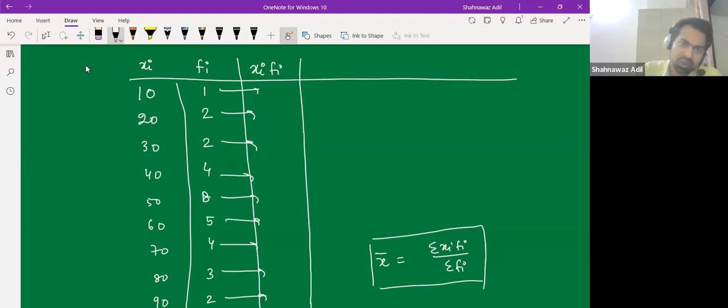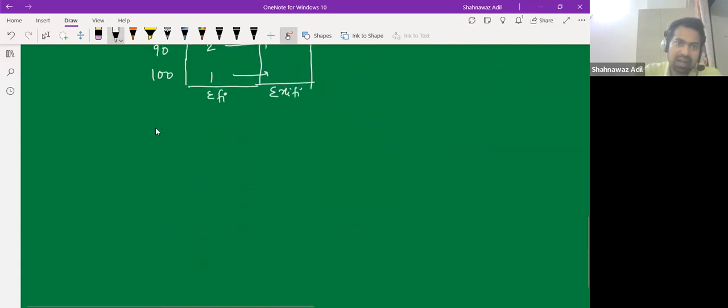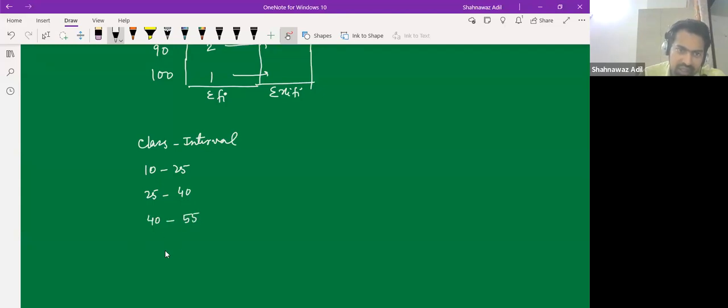So let's say you take a class interval of 10 to 25, then 25 to 40, then 40 to 55, 55 to 70, 70 to 85, and so on. Now you have a shorter data.